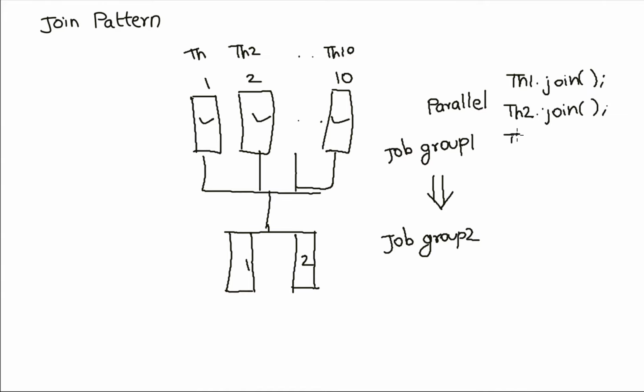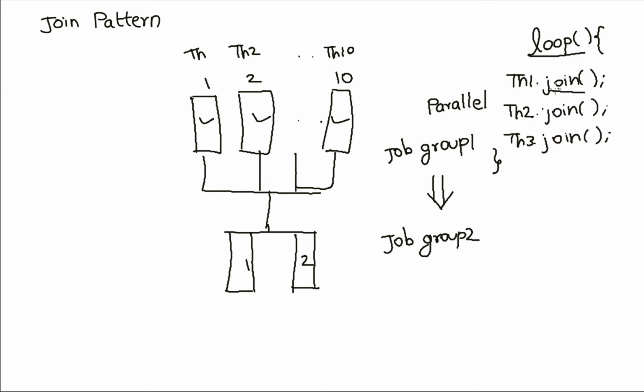Then thread 3 dot join will wait for the third thread to end. And likewise we can run this whole thing in a loop, so that when all the threads have finished successfully, we come out of this loop.